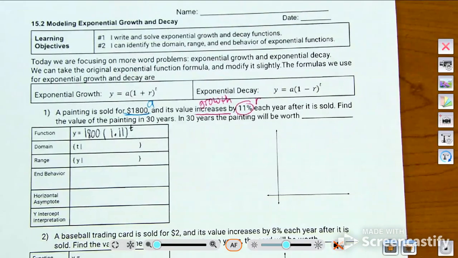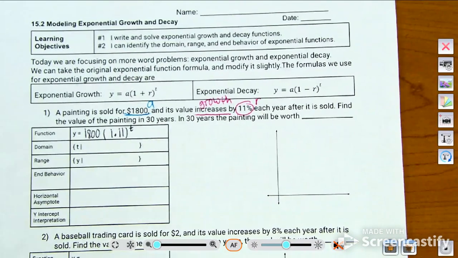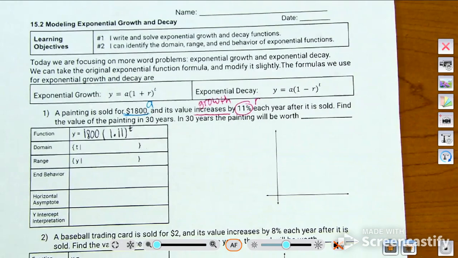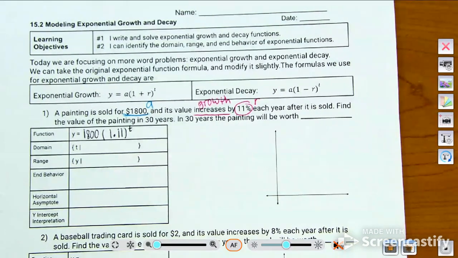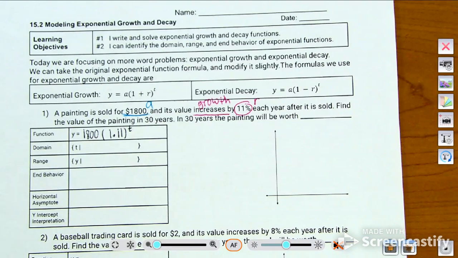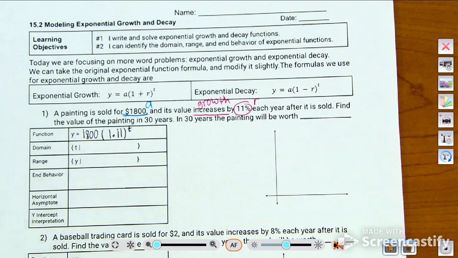Now we need to identify our domain and range. Now the nice thing is the domain of an exponential function is always going to be all real numbers. There's no restrictions for what our domain could be. However, this is a word problem, so we do need to be mindful that there are some things that are just not practical when we're talking about the real world.